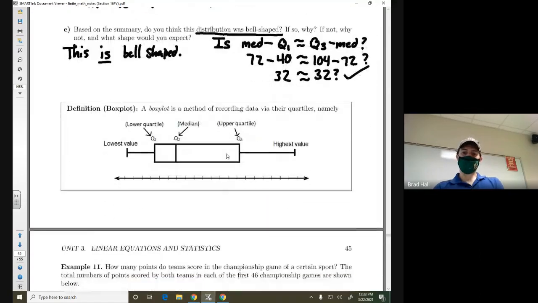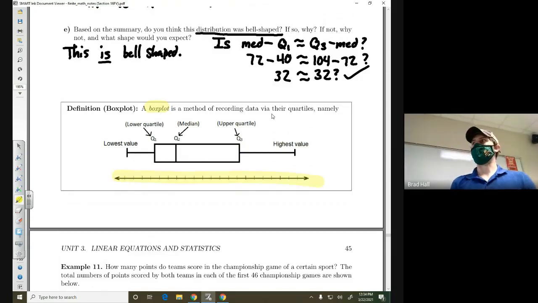But one thing I wanted to mention was something called a box plot, which is a visual representation of the 5-number summary. And a box plot, again, is just a visualization of the 5-number summary. That's it. So there's a number line down here, and above the number line are the corresponding numbers. So the lowest value would correspond to that part of the number line.